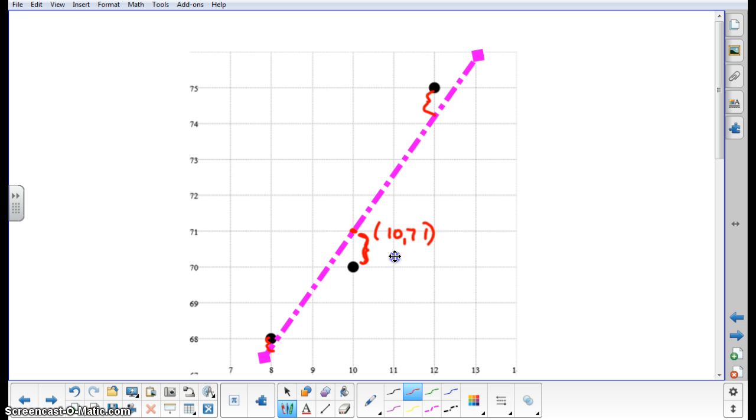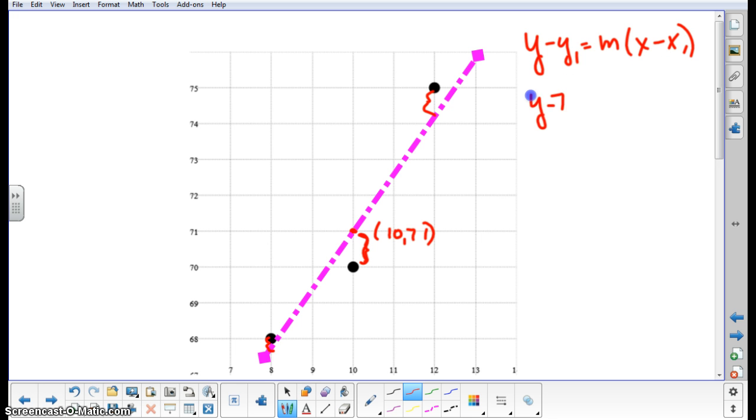So let's first make a conjecture about what the equation of this line is. We know a lot about this line, except we don't know the slope, so we're going to use point slope form: y minus y1 is equal to m times x minus x1. Our line has to pass through y1 is 71, x1 is 10.